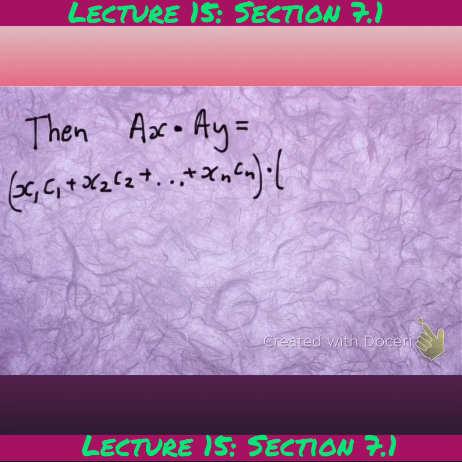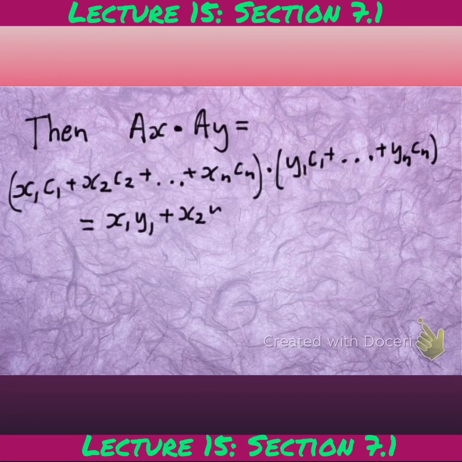You're going to dot that with y1 c1 plus up until yn cn. And that's going to be equal to x dot y, the dot product of x with y, so that's x1 y1 plus x2 y2 plus up until xn yn.